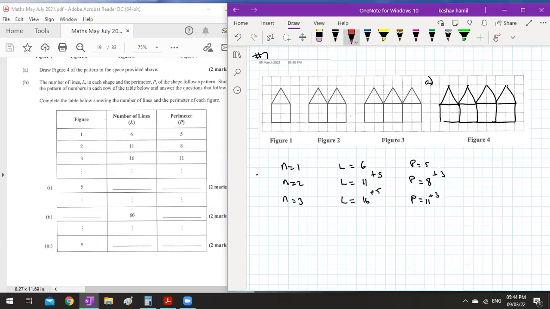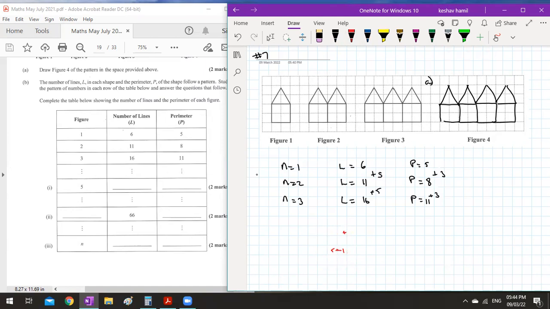So each time we add 5. So n by 5. And if n is 1, we get 5 plus 1. And we see if that works. Right? So if n is 2, 2 by 5 is 10 plus 1 is 11. All right, so that's working. If n is 3, so 3 by 5 plus 1. So 15 plus 1 is 16, so that works.